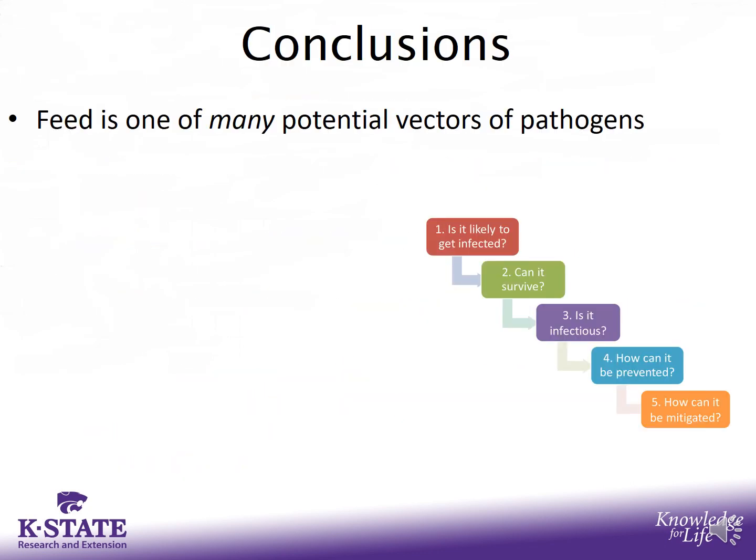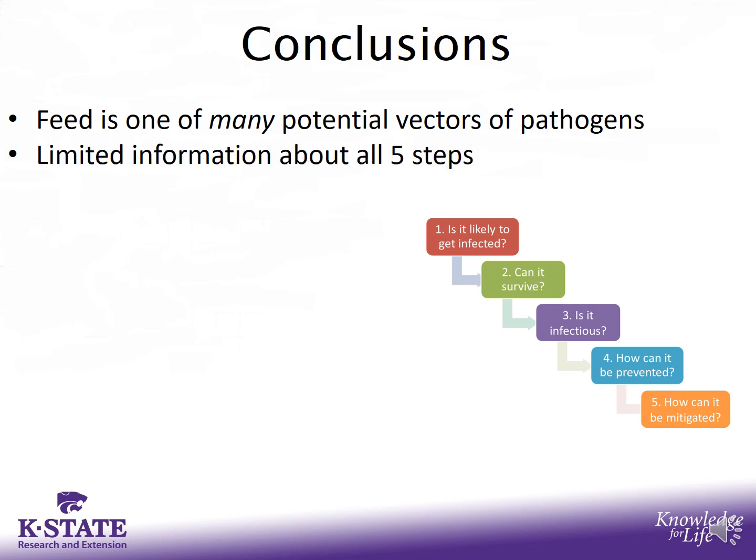As we conclude, we need to recognize that feed is just one of the many potential vectors of pathogens. Remember, direct contact by nose-to-nose contact is by far the most likely method of viral transfer. However, as we look at potential indirect transmission of viruses from foreign countries and into the United States, we have to recognize the risk for potential transmission through feed.